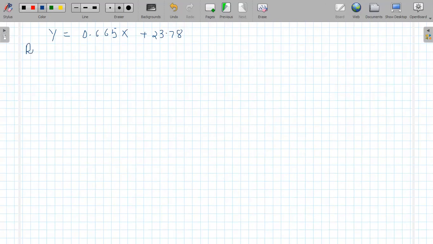Now we find regression line of x on y, x minus x bar equals r sigma x over sigma y, y minus y bar.